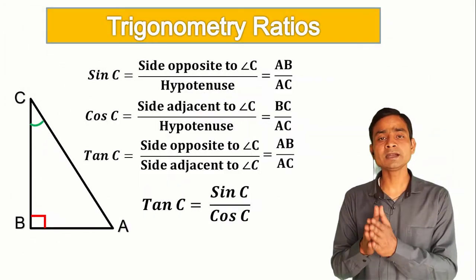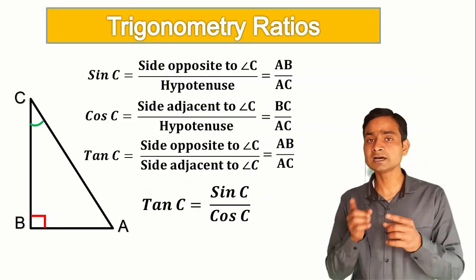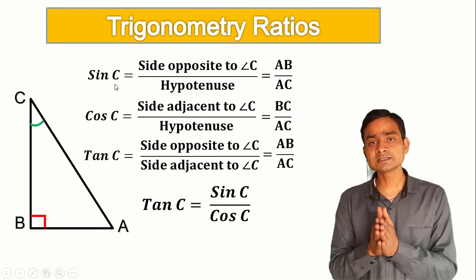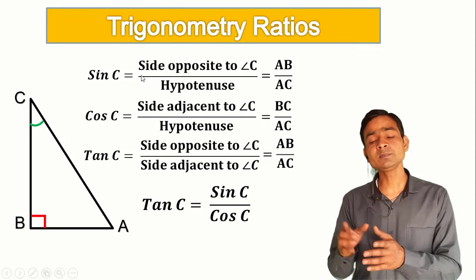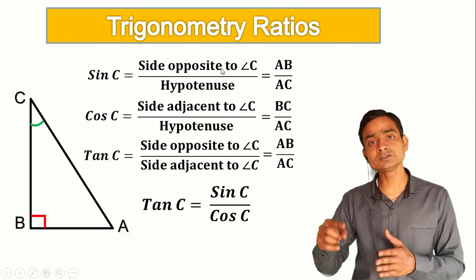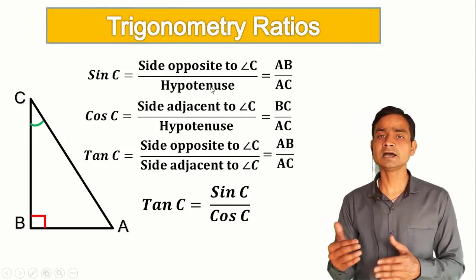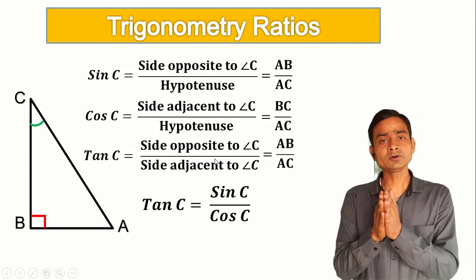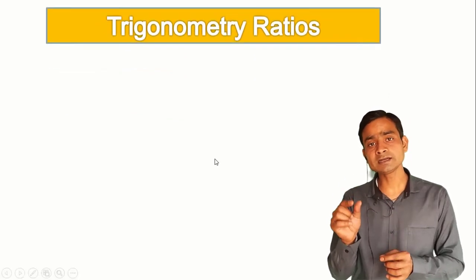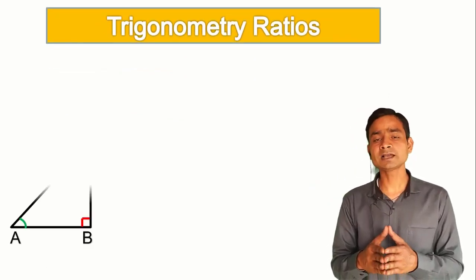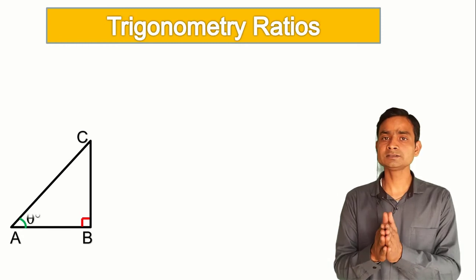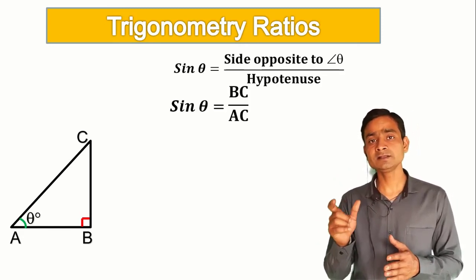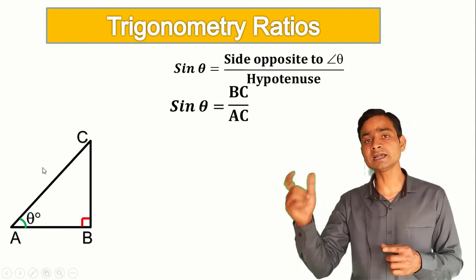Similarly, these trigonometry ratios can be calculated for the other acute angle C also. If you are calculating the sine of angle C, then that will be equal to side opposite to angle C upon the hypotenuse. And the most important thing about these trigonometry ratios is that if you calculate the trigonometry ratio for any acute angle, then it is not dependent on the sides of the triangle.